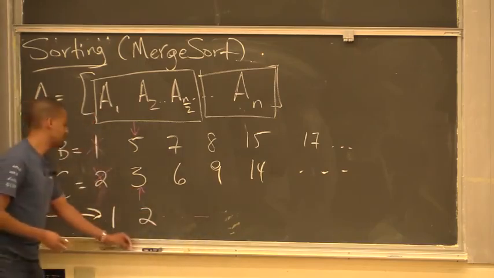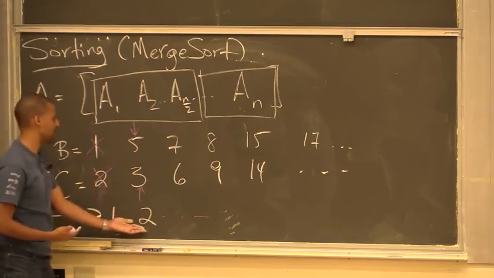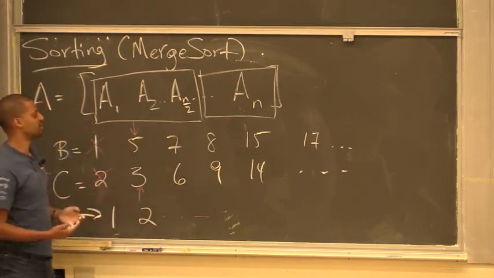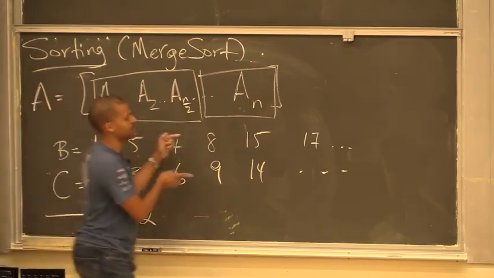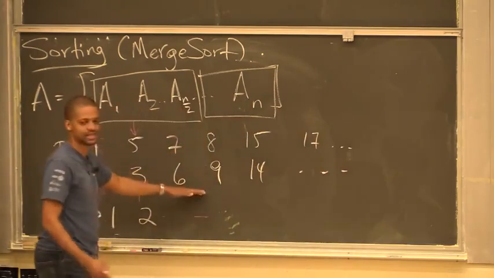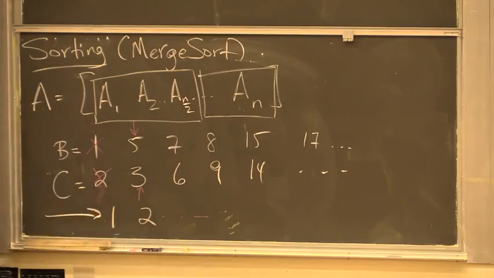Our runtime is basically every time we write an output here, one of these fingers moves to the right. So the total number of times we can move our fingers to the right is proportional to 2n, or actually let's say n over 2 and n over 2 here. So you can merge 2 length n over 2 arrays in linear time, right?